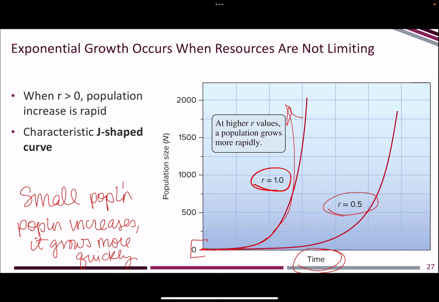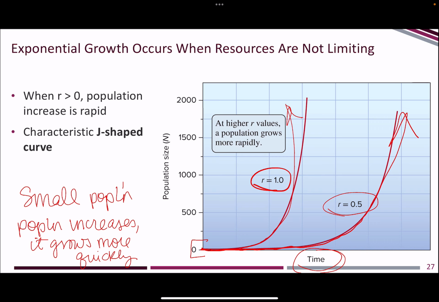You'll notice that even though the growth rate is smaller, and it takes longer for that population to grow, it does the same thing. It grows slowly, and then it reaches a tipping point, and then grows really, really quickly. So what we have here is just that exponential growth happening more or less quickly depending on the population growth rate.